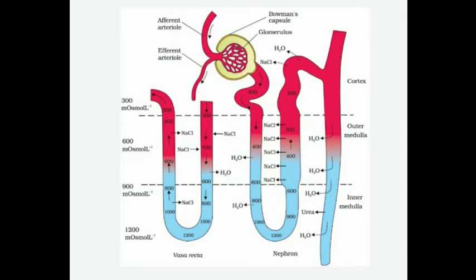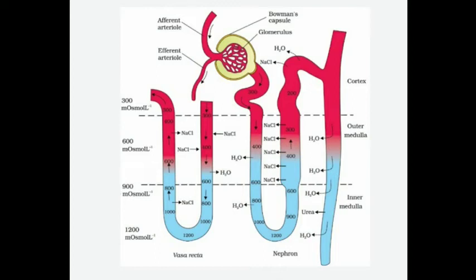A small amount of urea enters the thin segment of the ascending limb of the loop of Henle, and is transported back into the interstitium by the collecting tubule. This is how the countercurrent mechanism is maintained in our nephron.